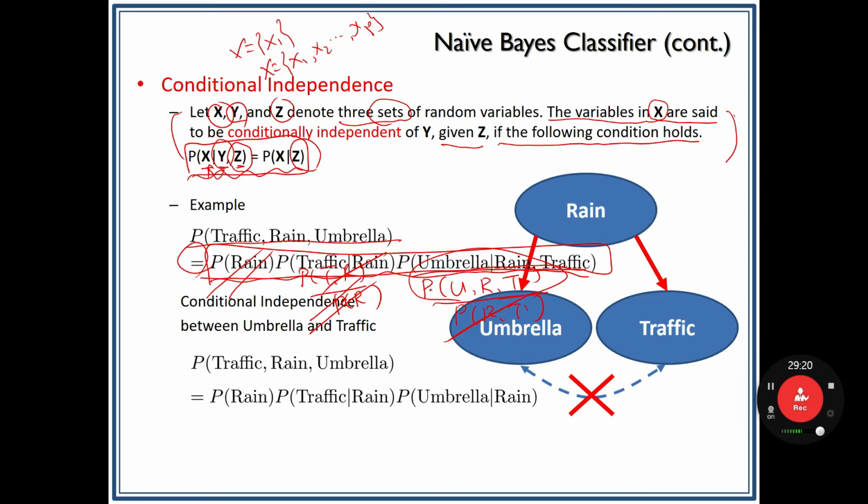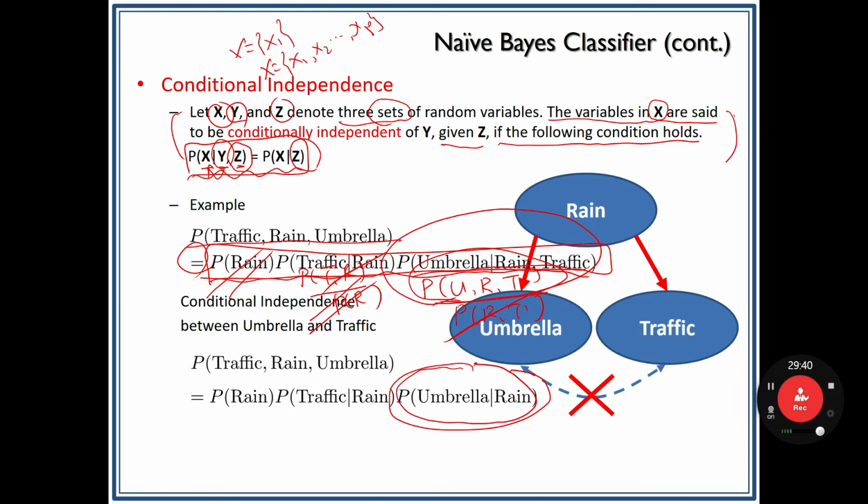So this joint probability can be rewritten by this expression. Let's take a look at this part and this part. The conditional probability of umbrella given rain and traffic can be equal to the probability of umbrella given rain.